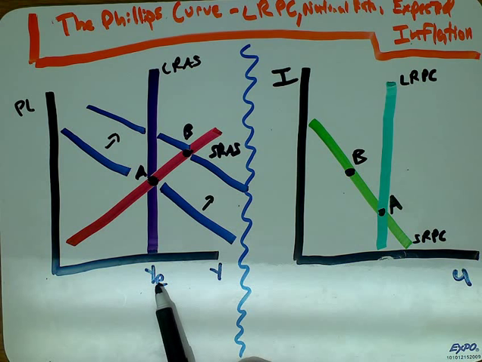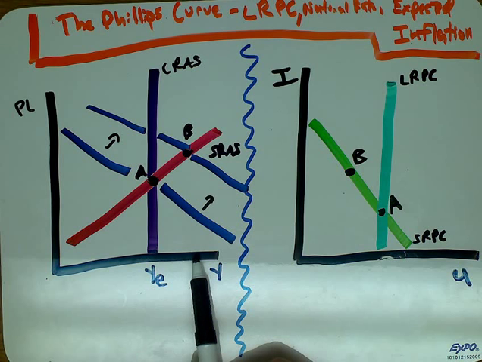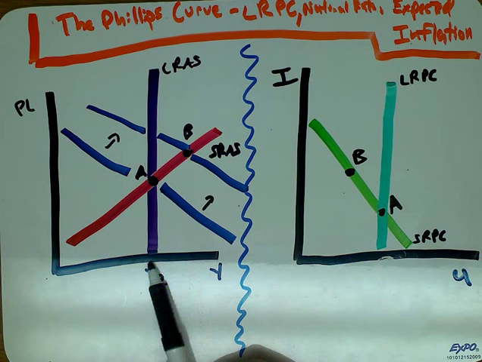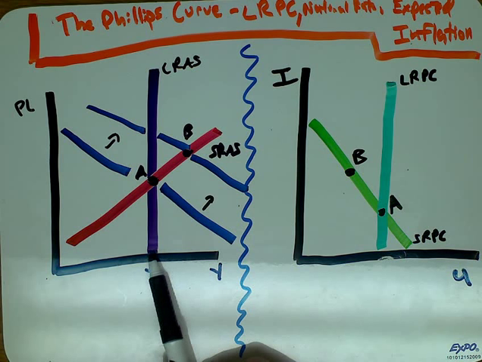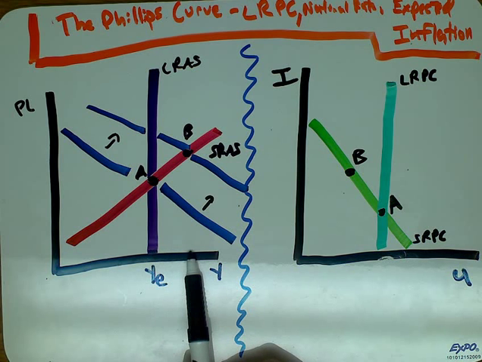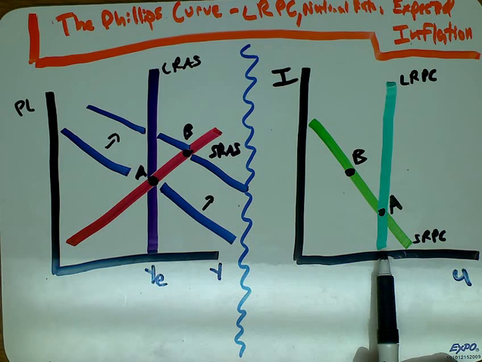And so this is the equilibrium level of output, and that's at point A. If we're at point B, we're actually beyond that, and that's not very good. That sounds great, I'm able to produce more than I was before, but that means you're overworking your resources, and so you're going to end up having something screw up. Same thing for point A to point B on the Phillips curve.